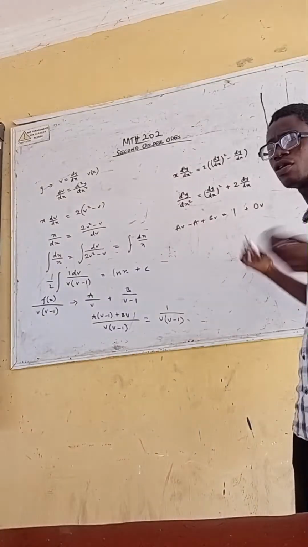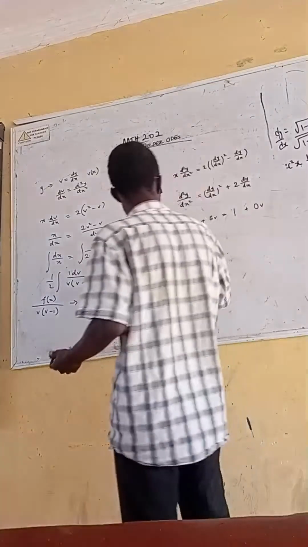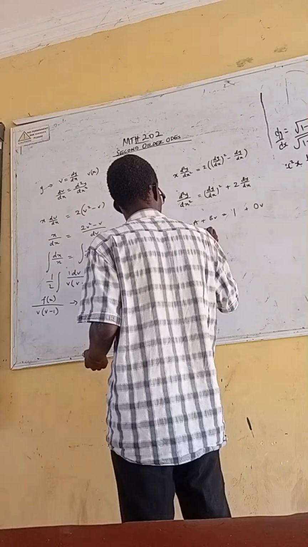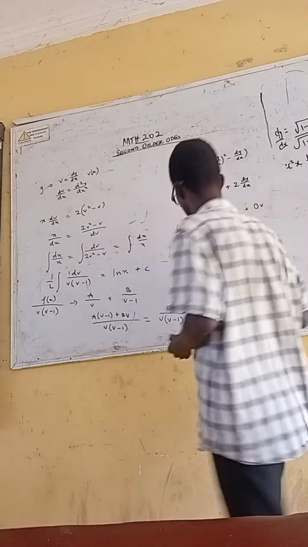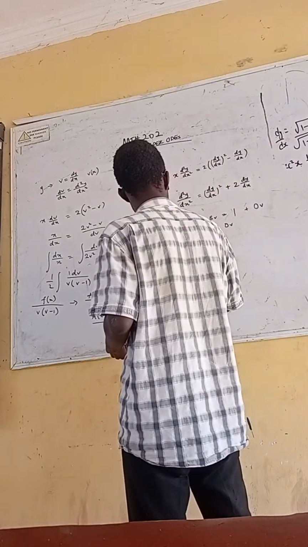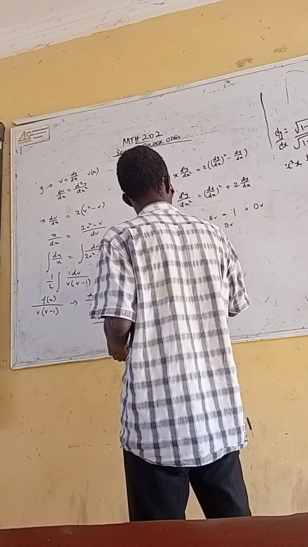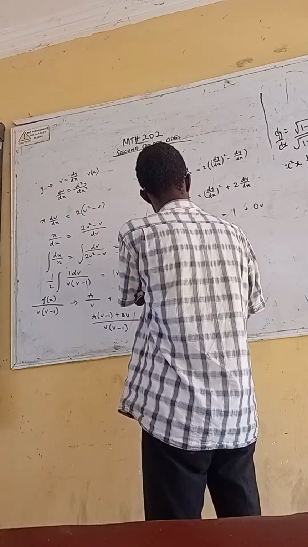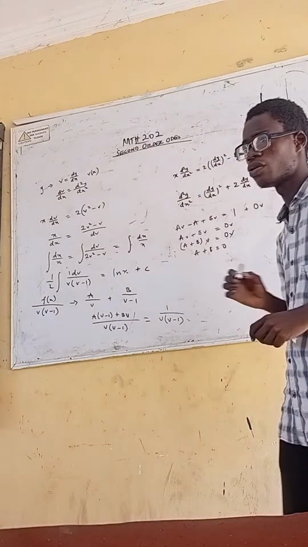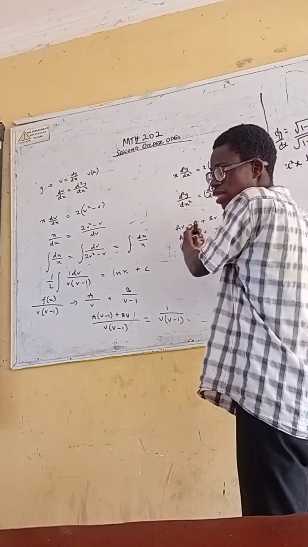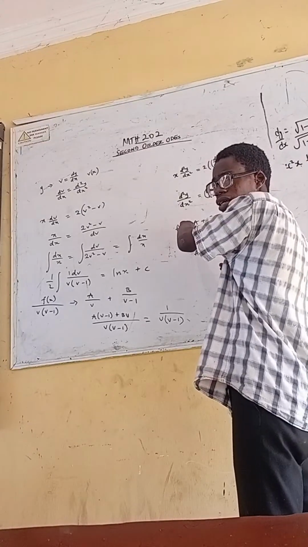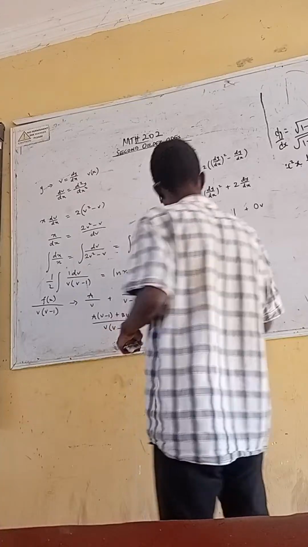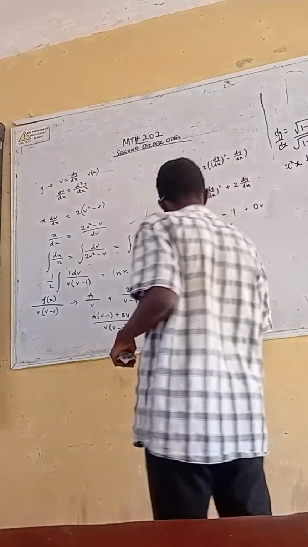So A plus B times V equals 0V. V cancels out. It means A plus B equals 0. Compare the constants. Minus A is the only constant here, and 1 is the only constant there. It means minus A equals 1, which means A equals what?